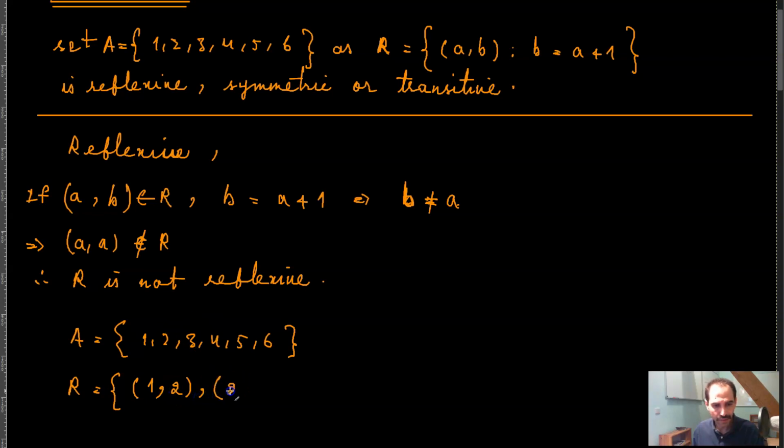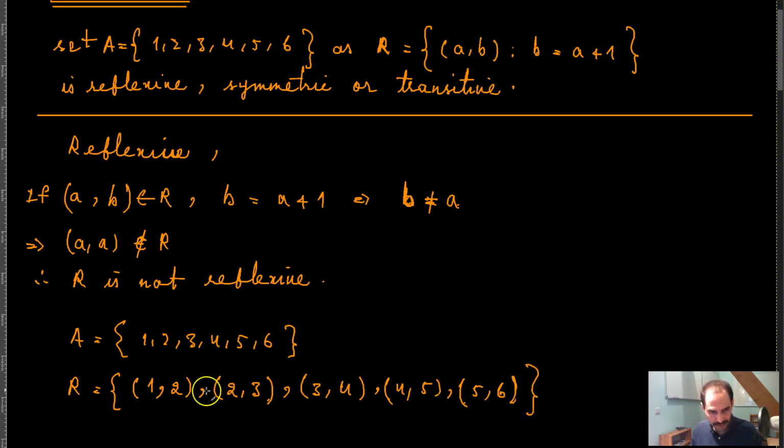If a is 2, then b becomes 3. If a is 3, then b becomes 4. If a is 4, then b becomes 5. If a is 5, then b becomes 6. And there you have to stop, because I cannot write, for example, (6, 7), since 7 does not belong to A.